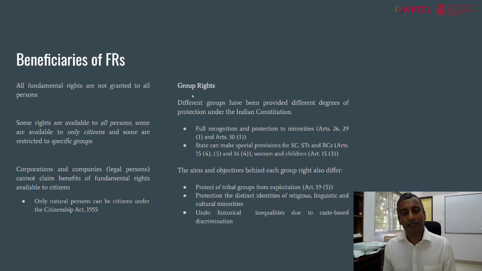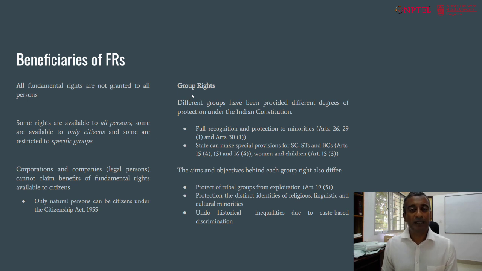Some fundamental rights are granted to all persons, for example, the right to life, Article 21, while some are available only to citizens, for example, the right to equal opportunity in public employment, Article 16(1). And some are restricted to specific groups.